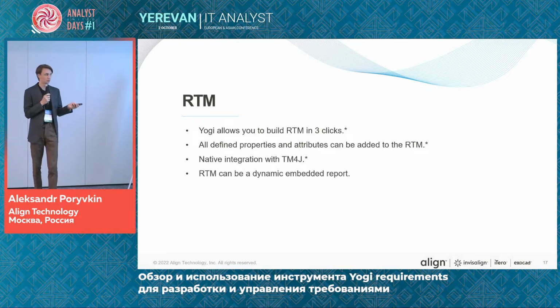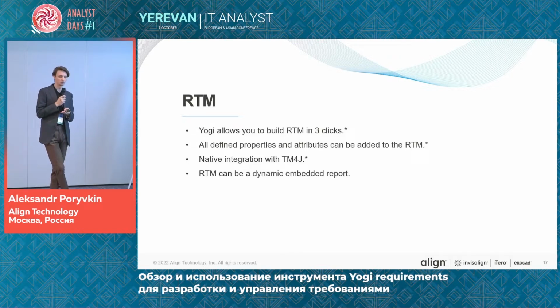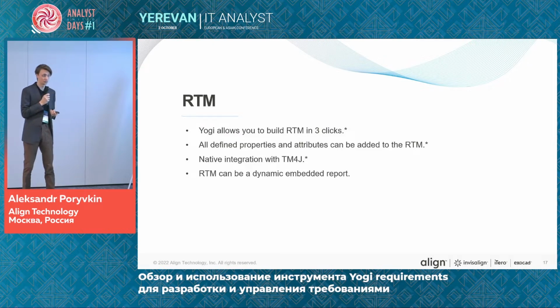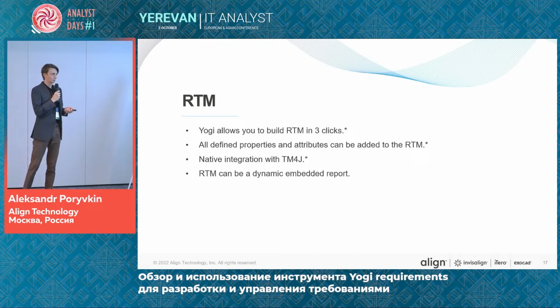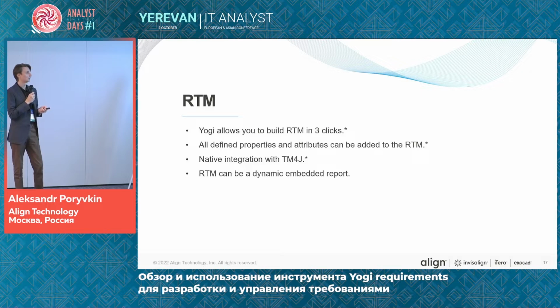No one is going to do it for you, and in Yogi you have to do it manually. You have to insert a macro link here. If all of that is done, a table is generated with one query, and you can upload it in Excel.